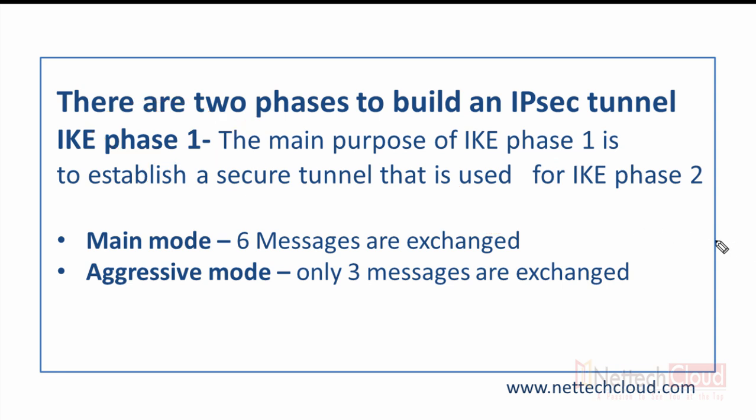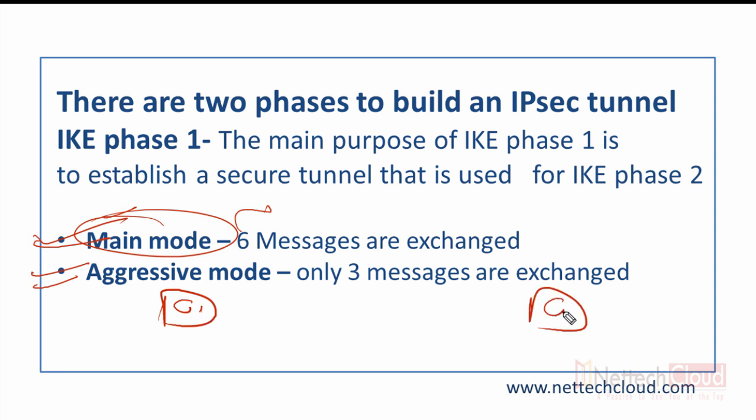And in phase 1 again there are two different modes, main mode and aggressive mode. So generally we prefer main mode because total 6 messages are exchanged between both the gateways, right? First two messages are about security association, security attributes, means proposal and agreement. So gateway 1 sends proposal message and gateway 2 responds with agreement.